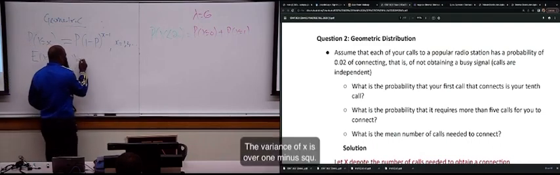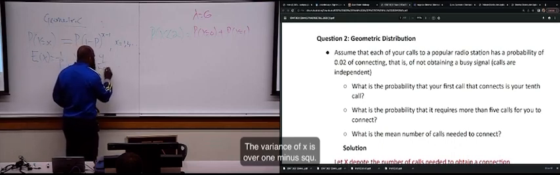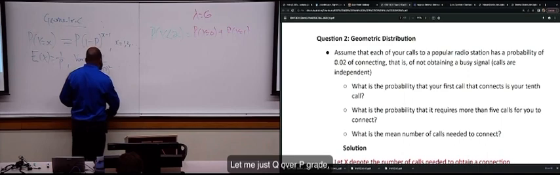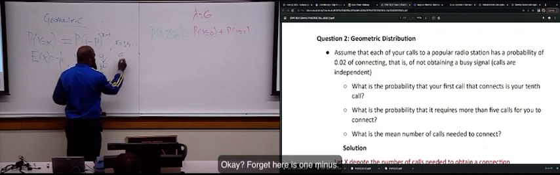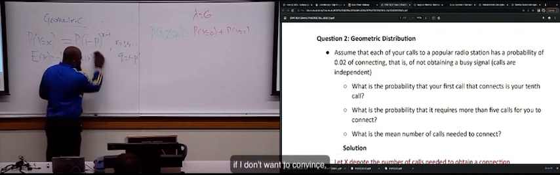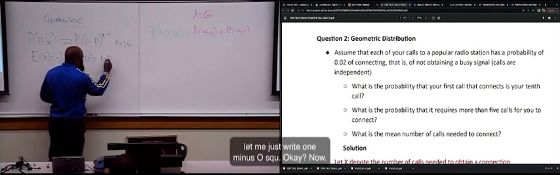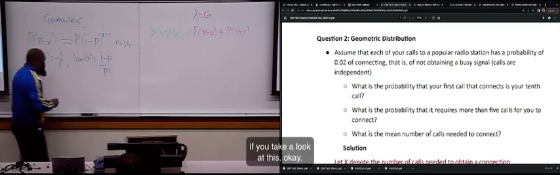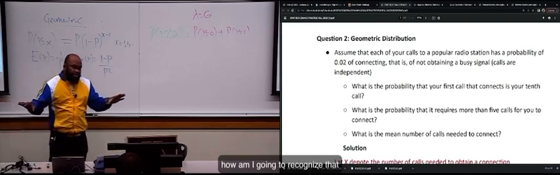The variance of x is q over p squared. Don't forget, q here is 1 minus p. So which means I can write 1 minus p over p squared.